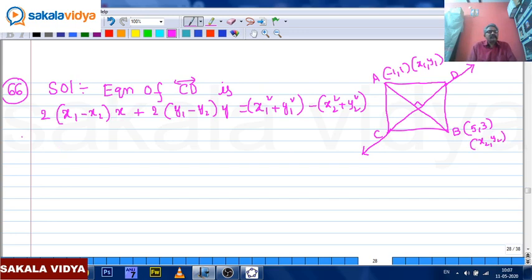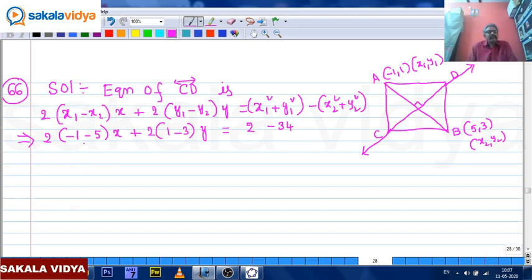Substitute in this one: 2 times (x1 minus x2), that is minus 1 minus 5, of x, plus 2 times (y1 minus y2), that is 1 minus 3, of y equals x1 square plus y1 square, 1 plus 1 is 2, minus (5 square is 25 plus 9 is 34).